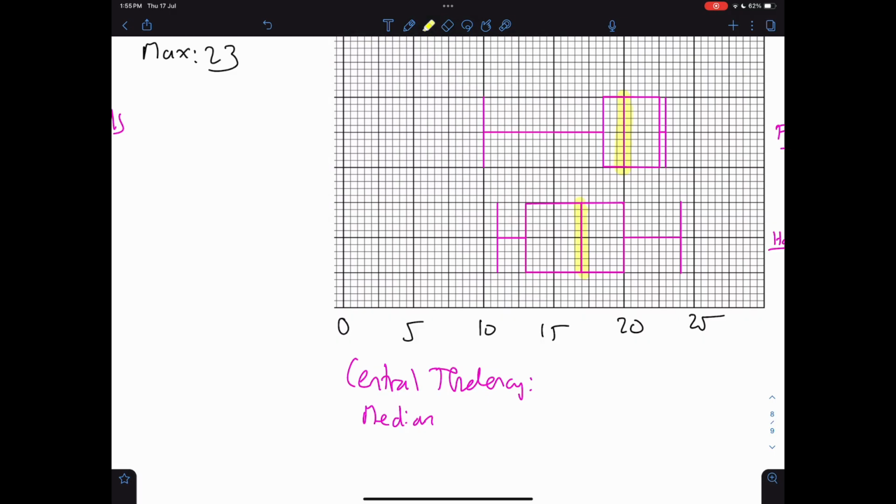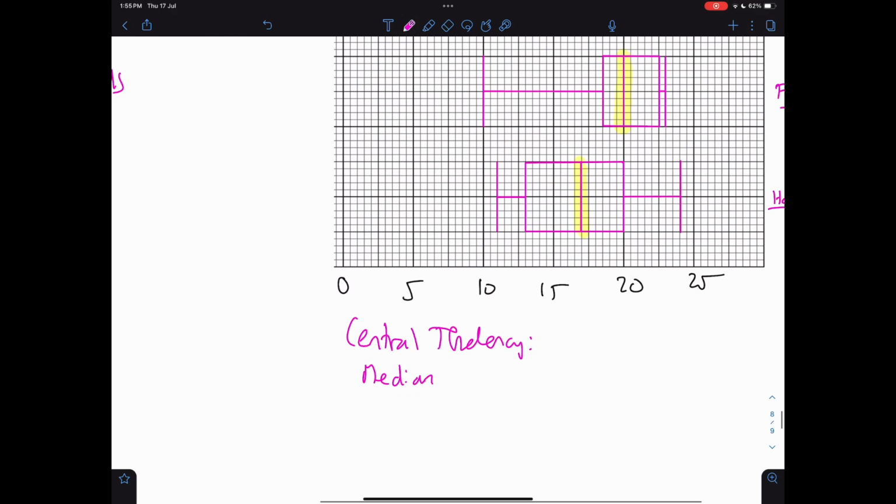So already we can see, I'll just change back to black now, football has a higher median number of fouls than hockey. You would not really talk about the mode or the mean.